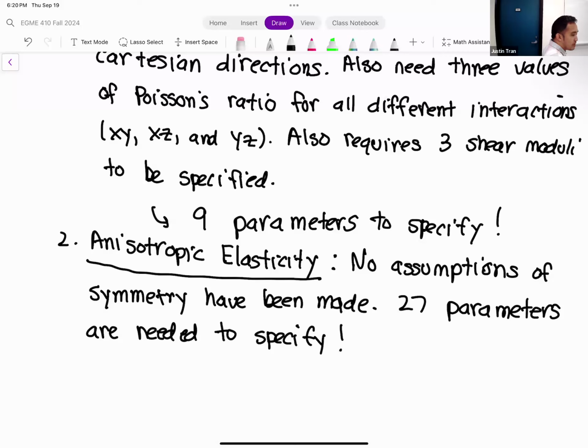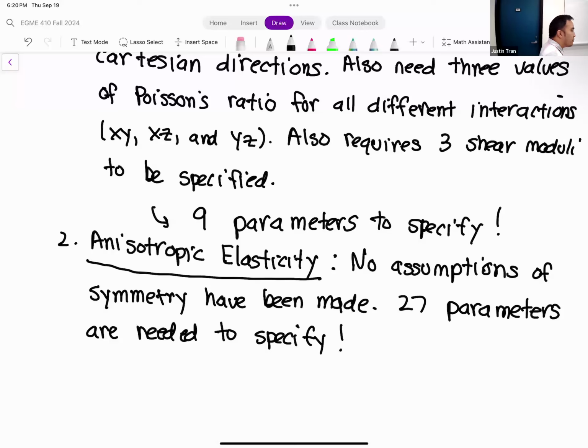So anisotropic elasticity is really only used for the most weird materials, to put it in an all-encompassing way. The only ones that I've seen use anisotropic elasticity recently are mostly biological materials that have cells and living parts, and there's mechanotransduction on the inside there.